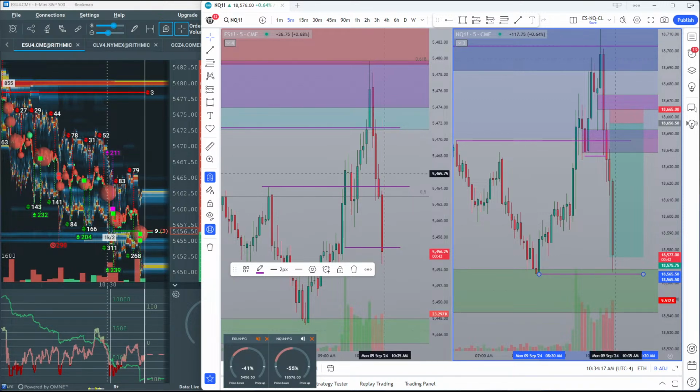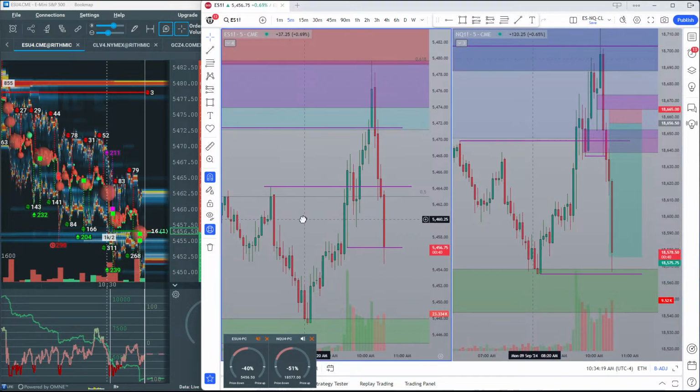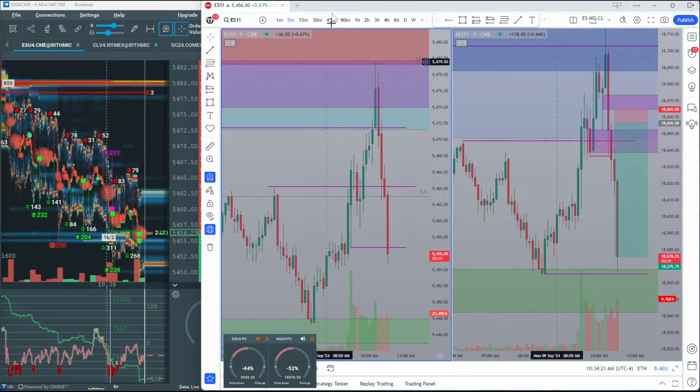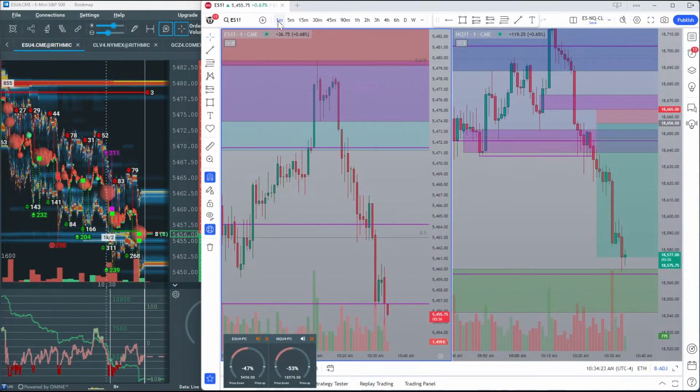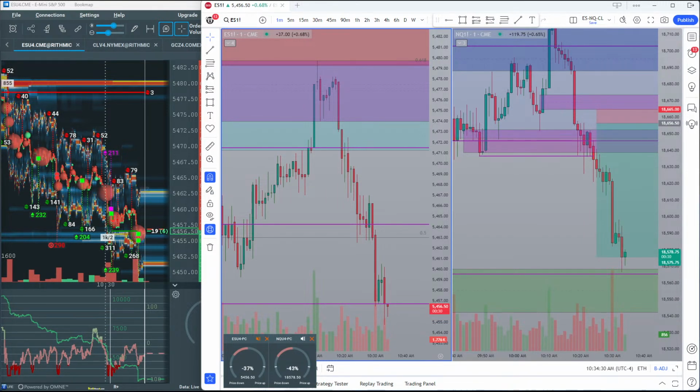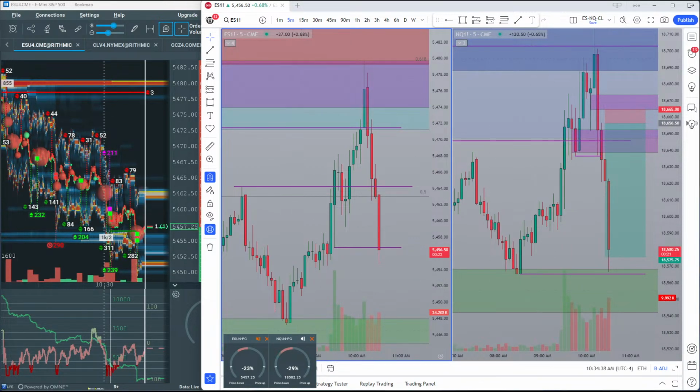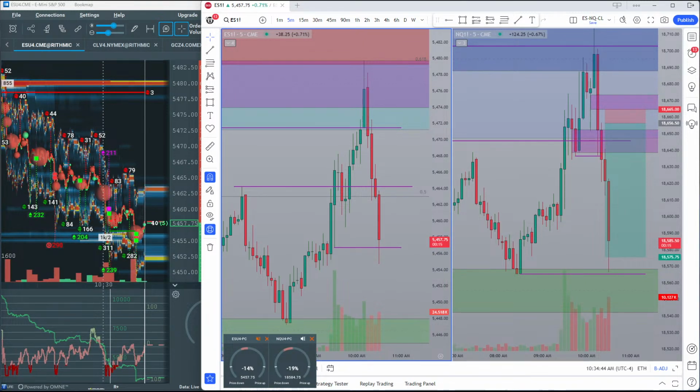It's breaching the pre-market low of the day. VIX is pushing higher still on the 1 minute chart for some reason. 15 seconds left. Look at that wick.